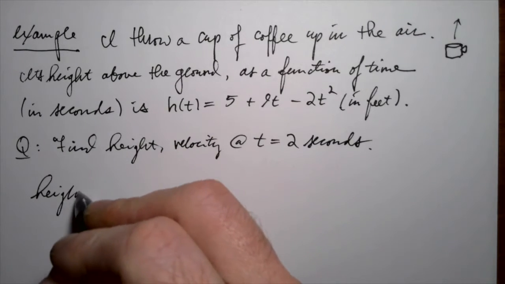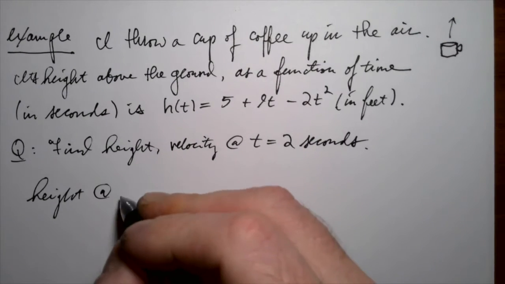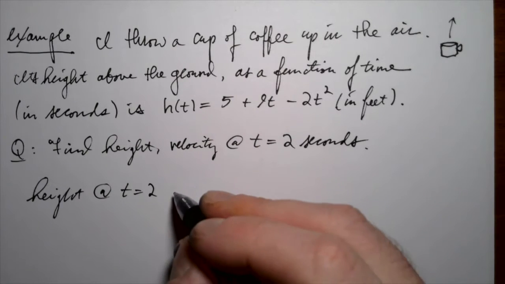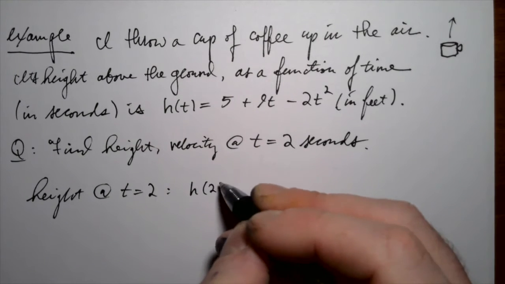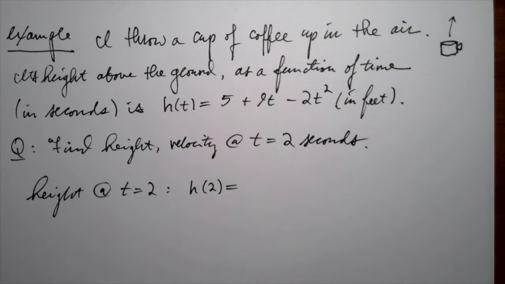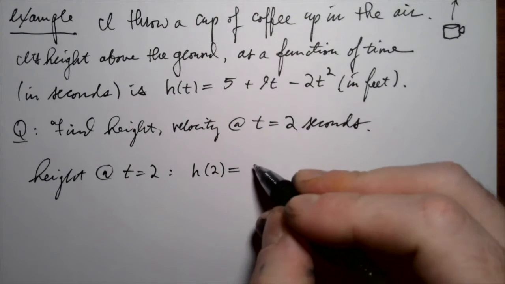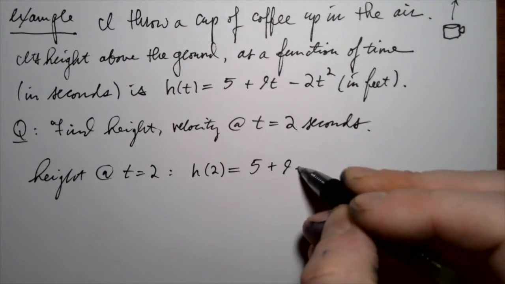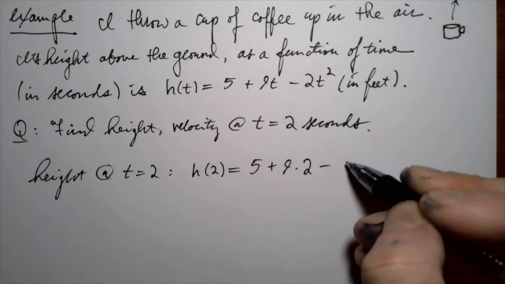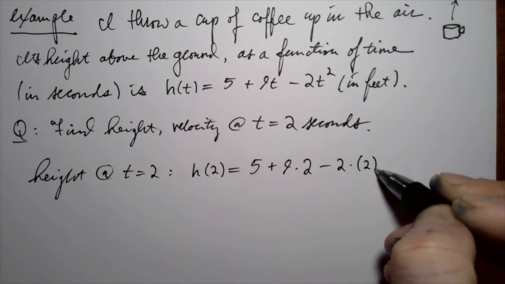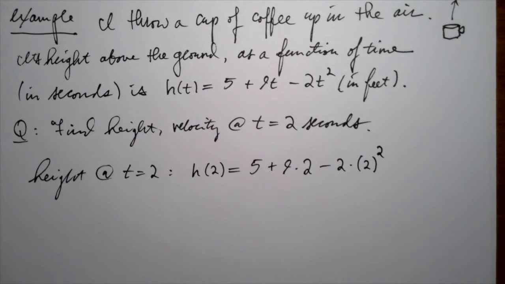So the height of the mug at t equals 2, that's just given by plugging in 2 into the height function. So that's pretty straightforward. I'm plugging in t equals 2 in my function h of t. I just plugged in 2 everywhere for t.